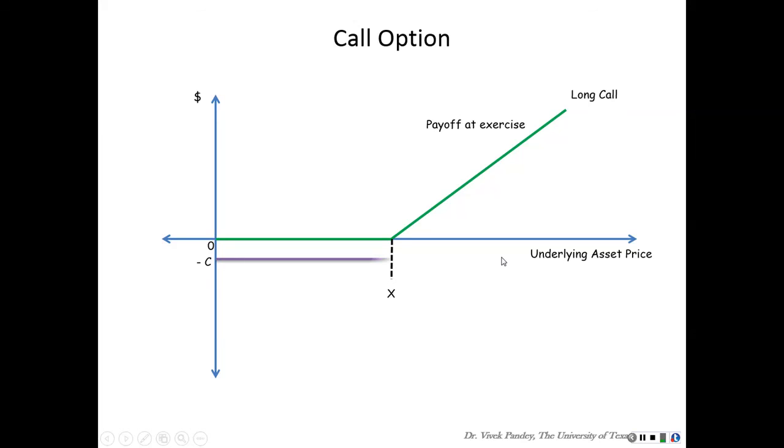But you had paid something beforehand, say $5 for this $100 contract. So you really only break even when the stock price is 105, right? It's X plus the C, which is the price. So 100 plus 5.